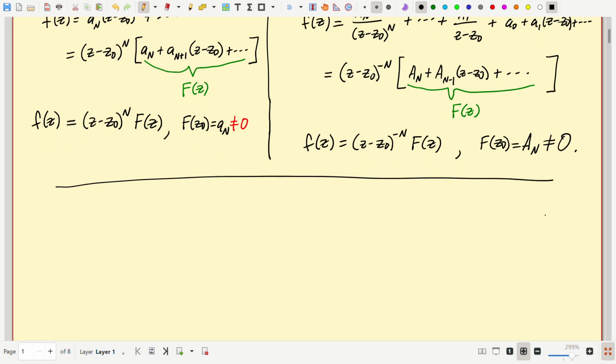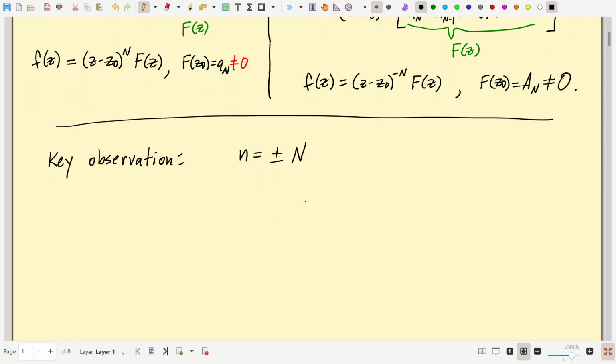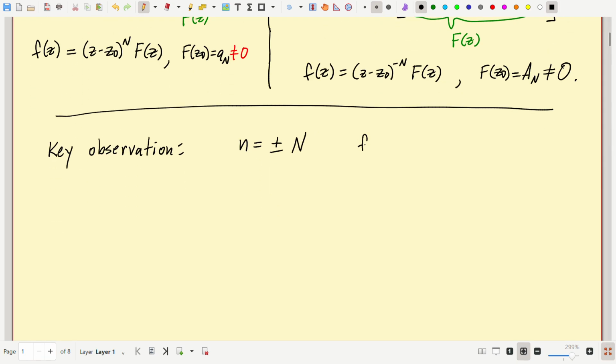And so the fact that we're going to mess around with, a key observation, if I think about f prime over f, this time I'm going to write n equal plus or minus capital N. And I'm going to write f of z is z minus z0 to the n, could be plus or minus capital N, times F of z.